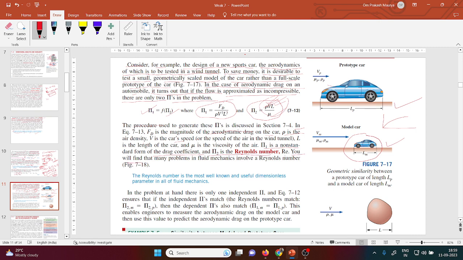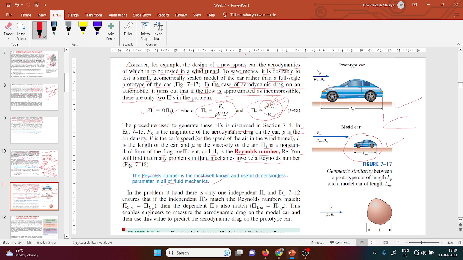You will find that many problems in fluid mechanics involve the Reynolds number. This is a general kind of thing. The Reynolds number is the most well known and useful dimensionless parameter in all of fluid mechanics.